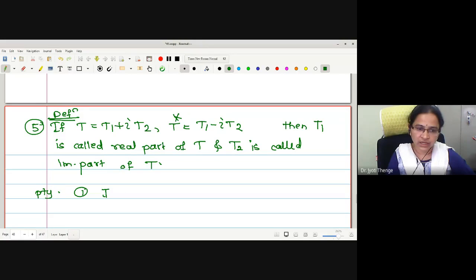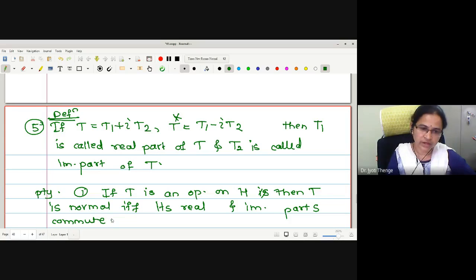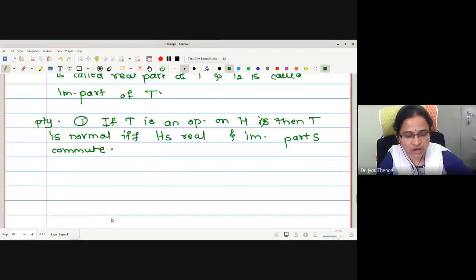That is, if T is an operator on a Hilbert space H, then T is normal if and only if its real and imaginary parts commute.